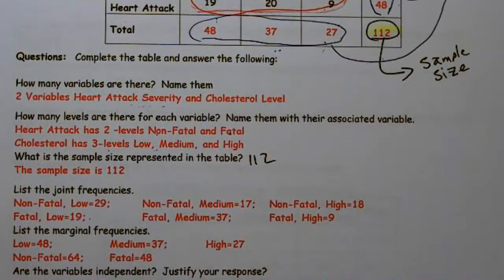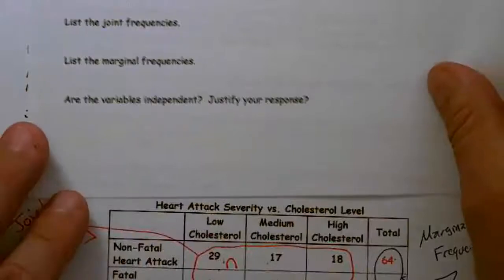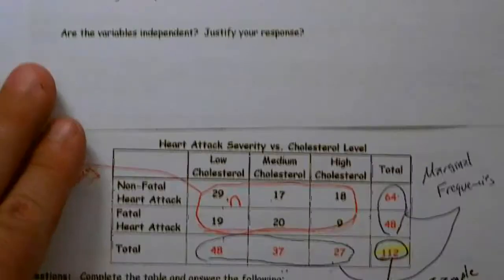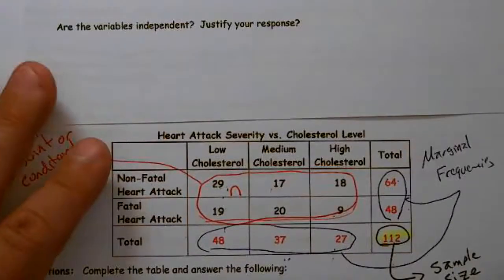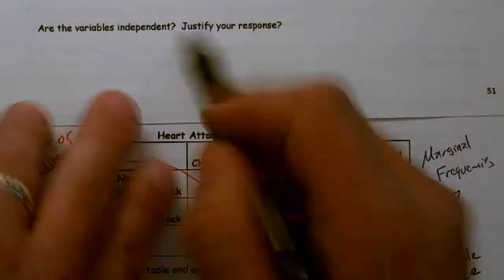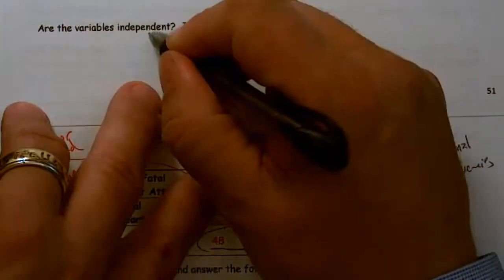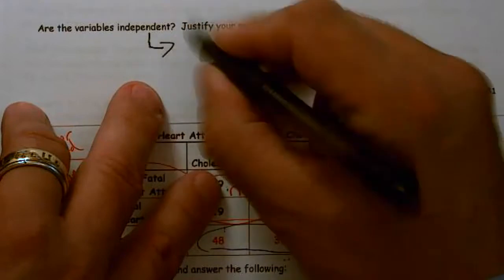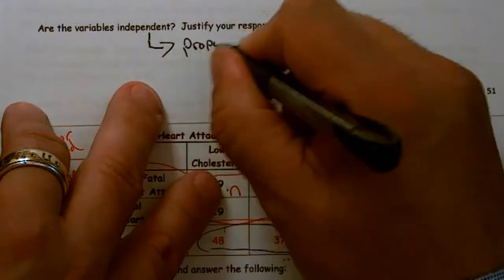All right. So as we move on, the very last question is probably the one that scares people the most. And it asks, are the variables independent? Justify your response. Well, to be independent, they want to know, are they proportional?